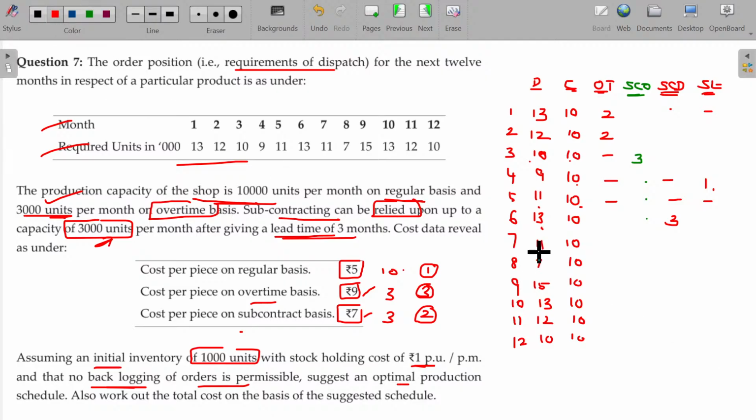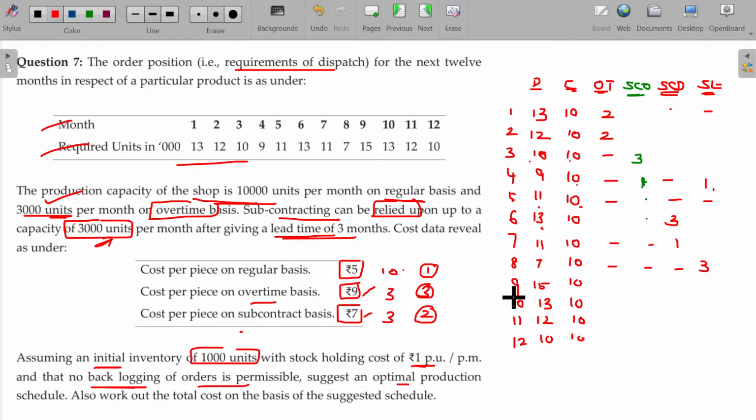What about the 7th one? Again, I'm in need of 11, 10 is produced, then one can be subcontract, and as we have to deliver in subcontract by the 7th month end, 4th month itself I can order. And 8th month, 7 is required, 10 is produced, then excess production can be kept as stock.